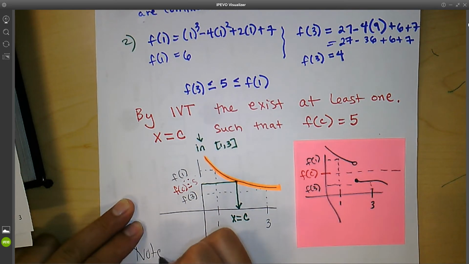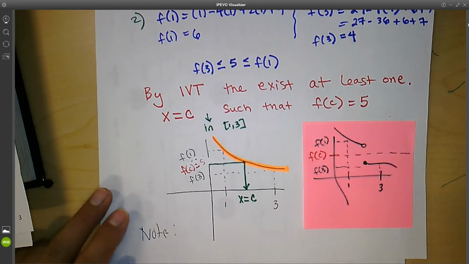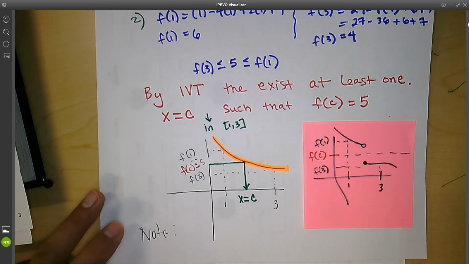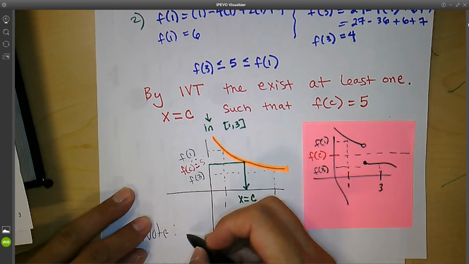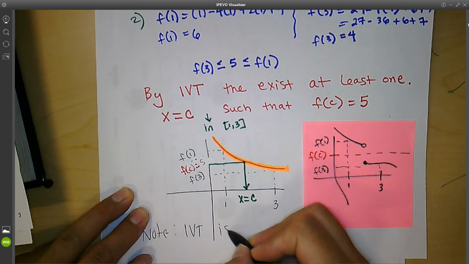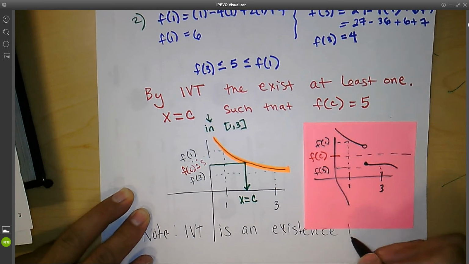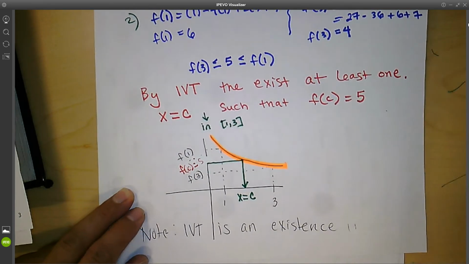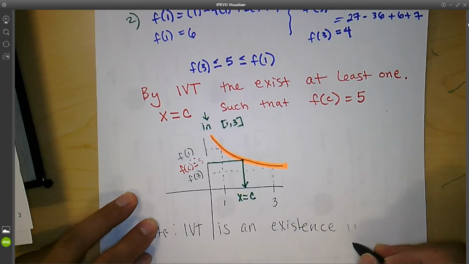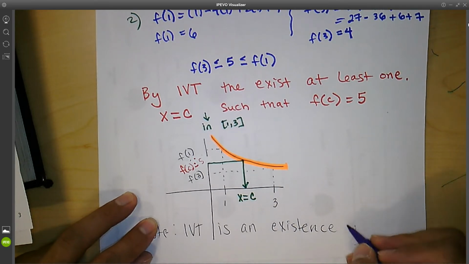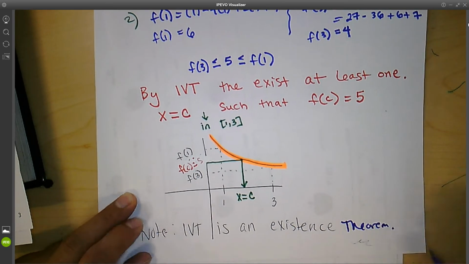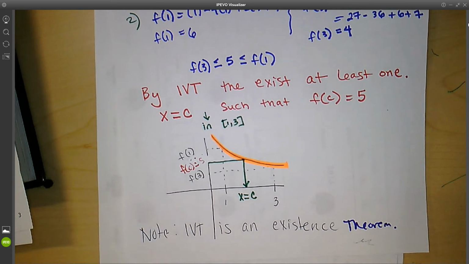Let's make a note. This part's also important. The intermediate value theorem is considered an existence theorem. What that means is you can only use it to prove that this exists.